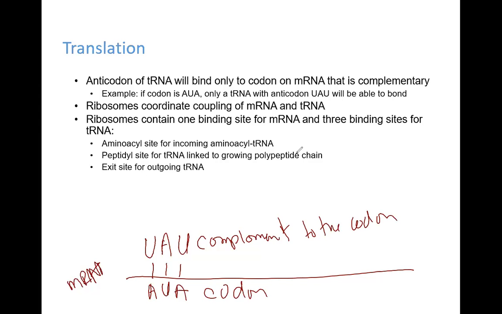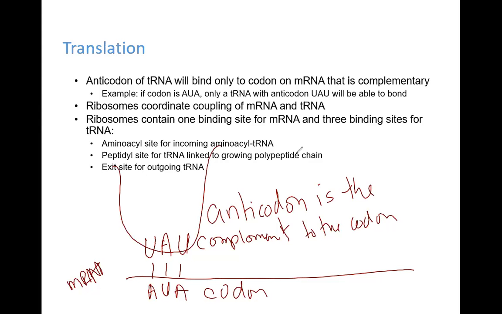So the transfer RNA, the anticodon, is the complement to the codon. And the anticodon is at the bottom of the transfer RNA. Now they will join together at the messenger RNA in the ribosome.